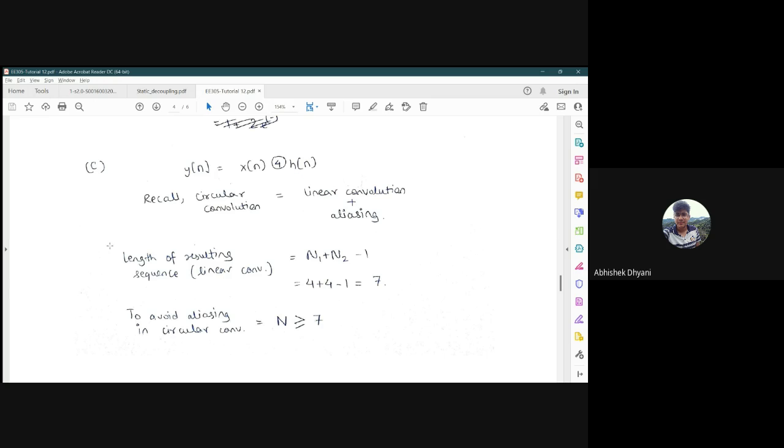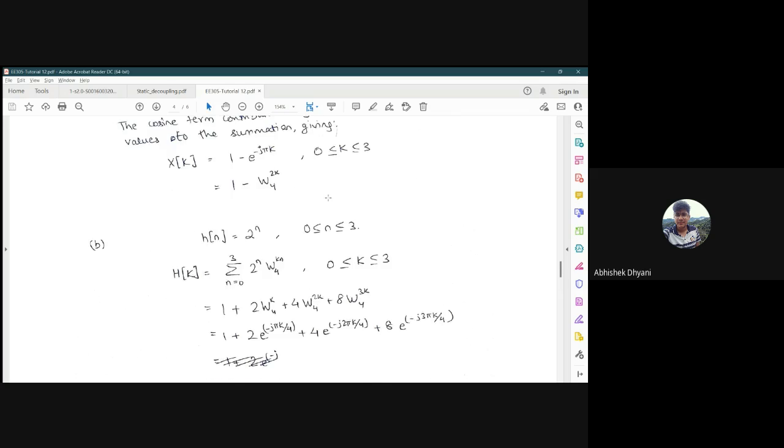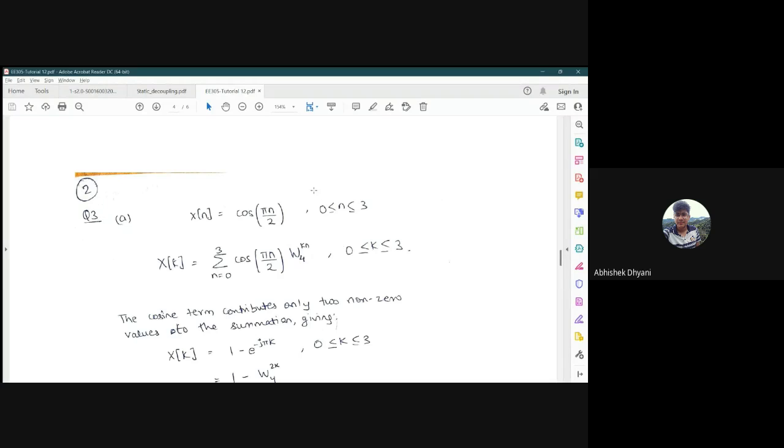So if we had to take the linear convolution, what would have been the length of the resulting sequence? We have xn and hn. Both xn and hn were from 0, n going from 0 to 3, which means that capital N is equal to 4, right? There are 4 samples.